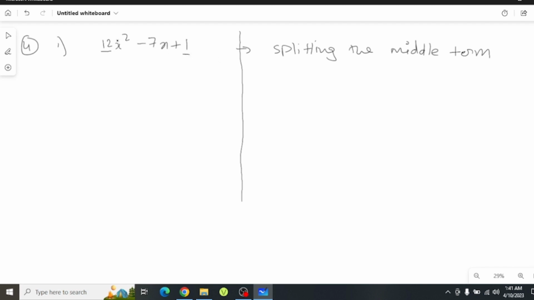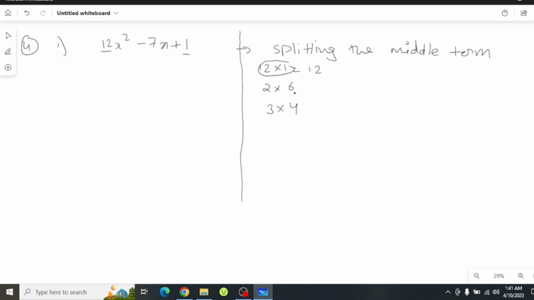So here the coefficient of x square is 12 and the constant number is 1, so we will multiply both of these numbers. The result will be 12. Then we will find the factors of 12 in this way. One factor is 12 into 1, another is 2 into 6, another is 3 into 4.